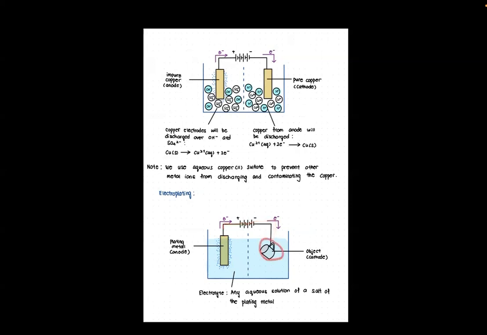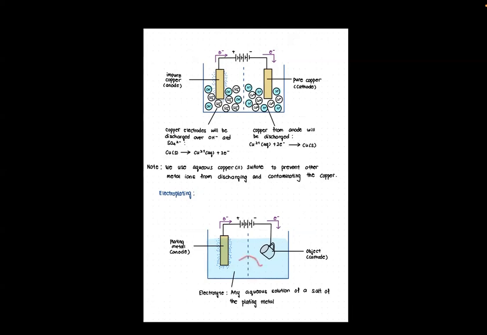Now this mug here has more than enough electrons, and it is going to discharge the copper 2 plus that flows to this side. Then the copper that gets discharged is going to plate this object here. Once again, in your aqueous solution you cannot use any metal cations other than copper because they might get discharged and then it's going to be impure again.